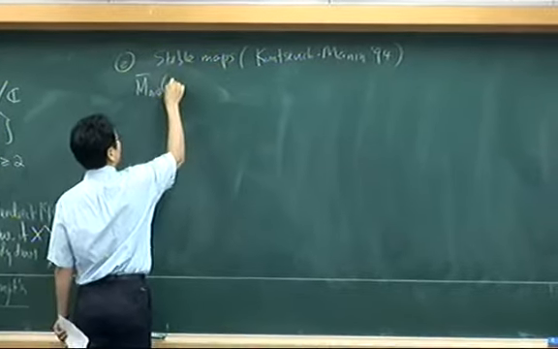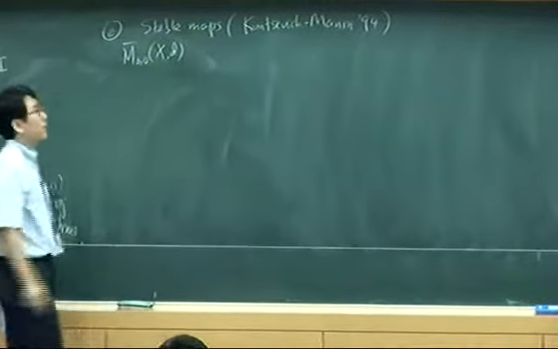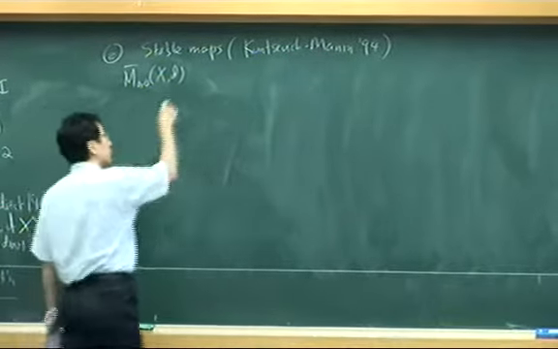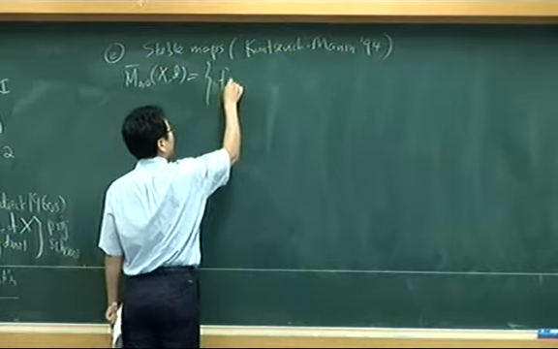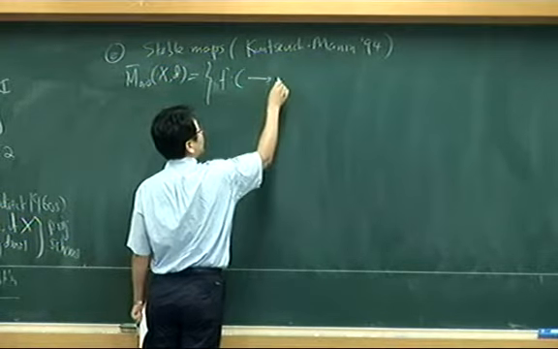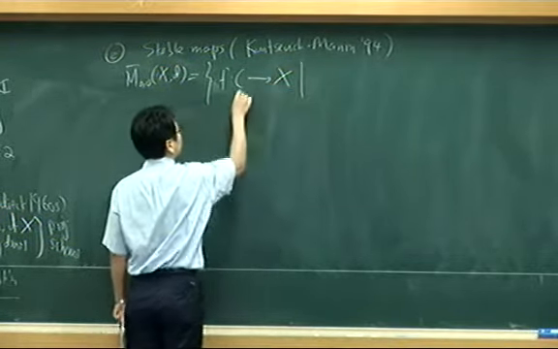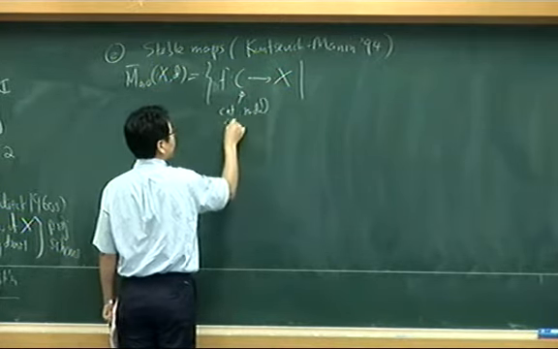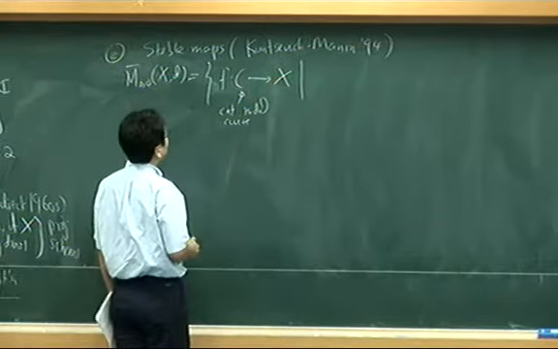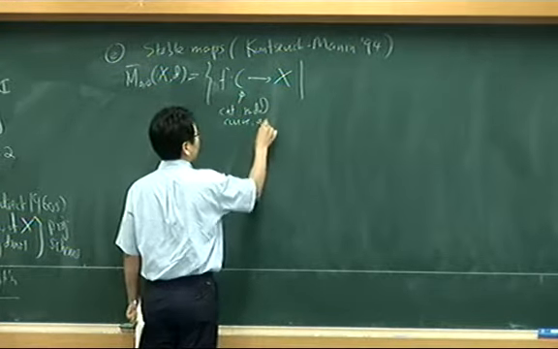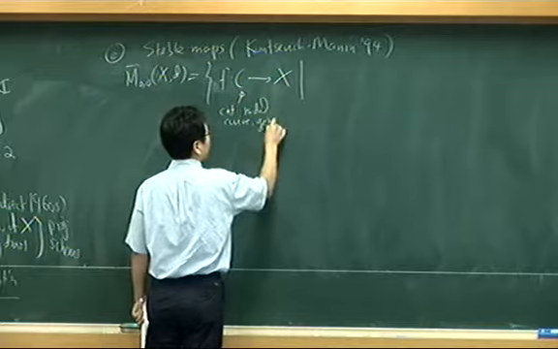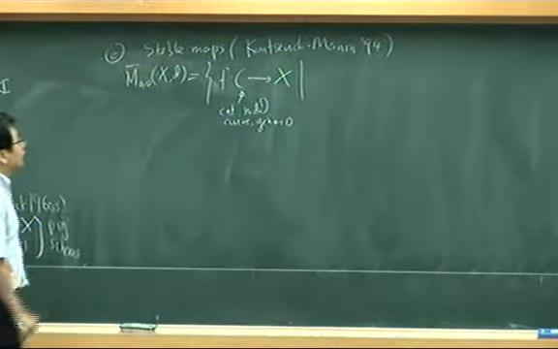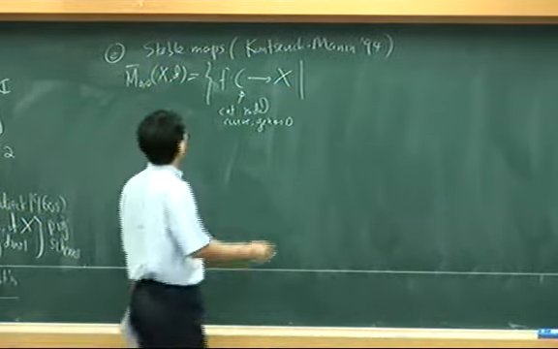M-bar 0,0 (X, D), that's the standard notation for stable map space. We think about all possible morphisms f from C to X. And what is C? This is a connected nodal curve of genus 0, arithmetic genus 0.